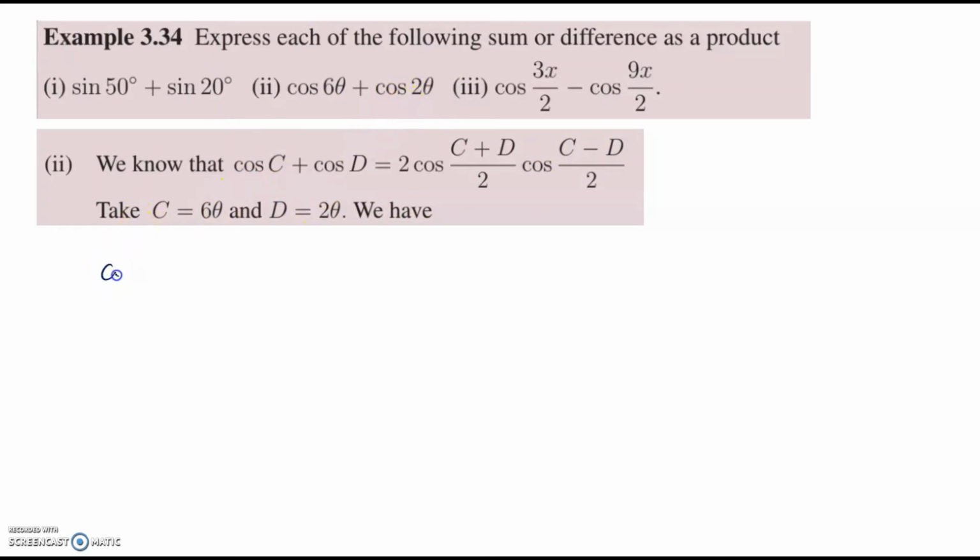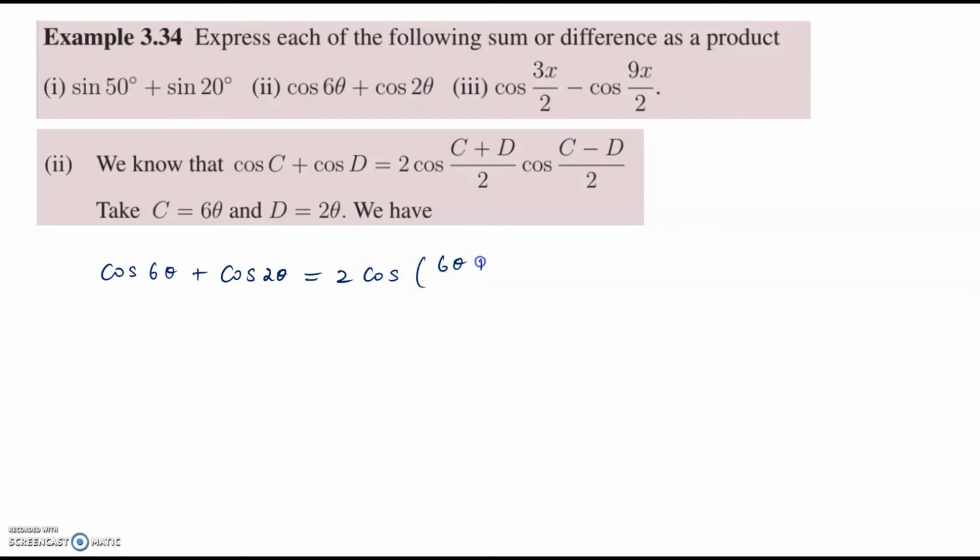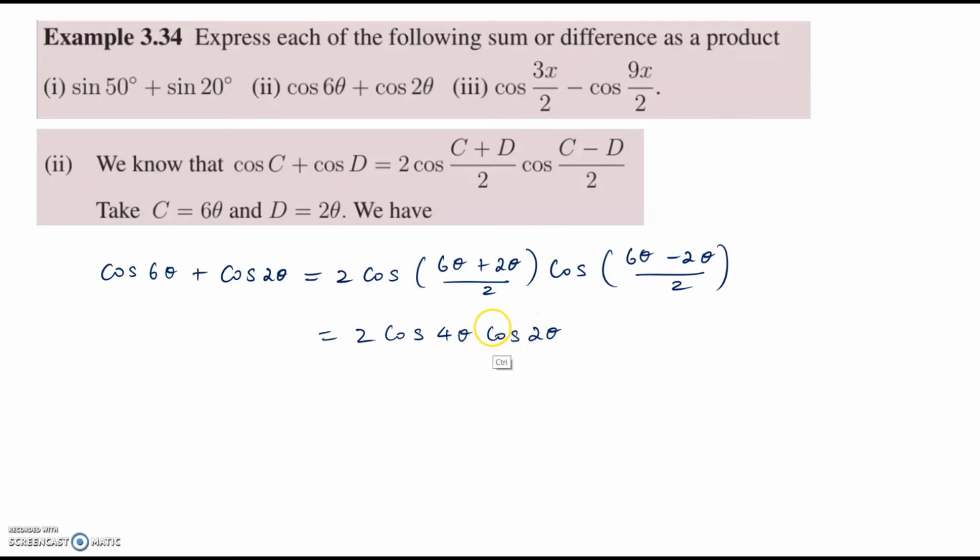So here this becomes cos 6 theta plus cos 2 theta is equal to 2 times cos((6 theta plus 2 theta) divided by 2) into cos((6 theta minus 2 theta) divided by 2). So that's equal to 2 times cos 8 theta by 2, which would be 4 theta, and 4 theta by 2 would be 2 theta, into cos 2 theta. That's the answer.